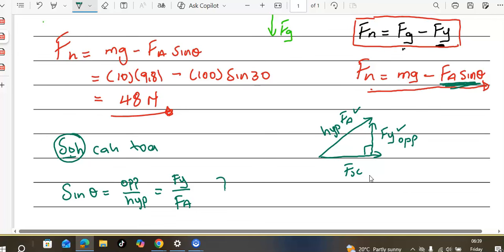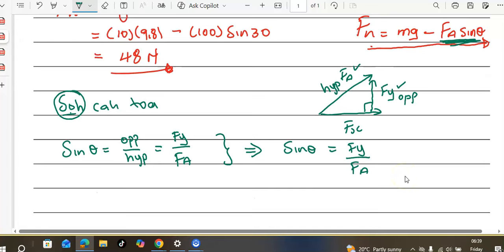So what we are trying to say is that the sine of theta is equal to Fy over Fa. The aim here is to make Fy the subject of the formula. So let's cross multiply both sides by Fa.